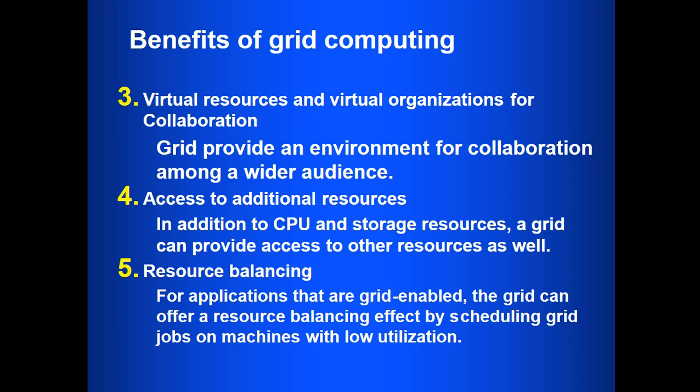Another benefit of grid computing is resource balancing, which is very important because a grid federates a large number of resources contributed by individual machines into a large single system image.